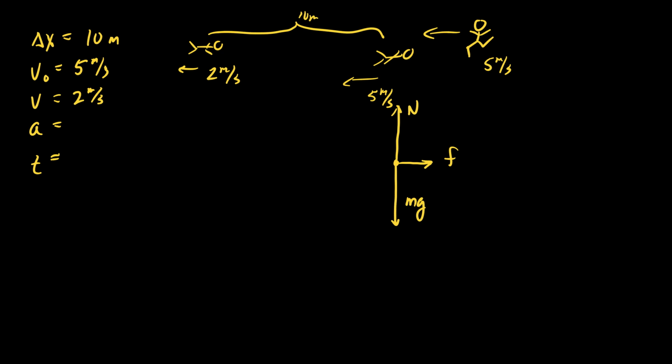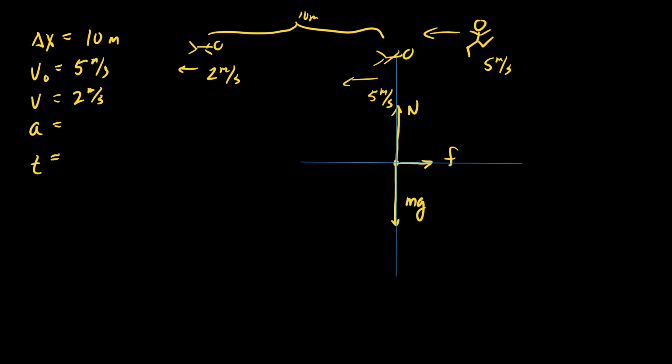I think the forces are unbalanced, and that's good. So I'm going to make the positive direction the direction of the acceleration, which I think should be to the right, slowing the baseball player down. And that means the up and down direction will be the y direction.